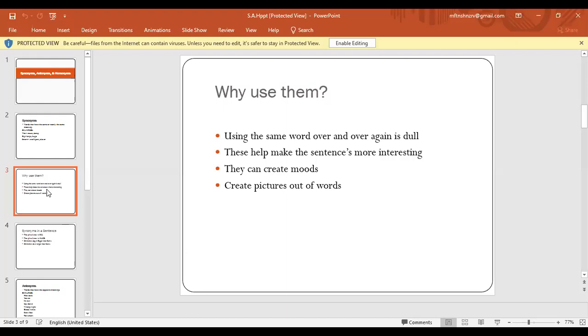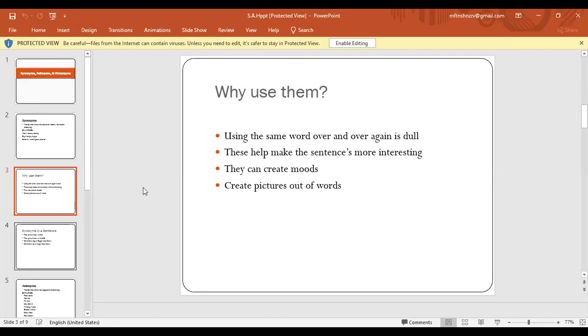Next, they help make the sentence more interesting, and they can create moods and pictures out of words. If you use synonyms, your sentences will be more beautiful and attractive, and it can give some mood to people who are listening to you.